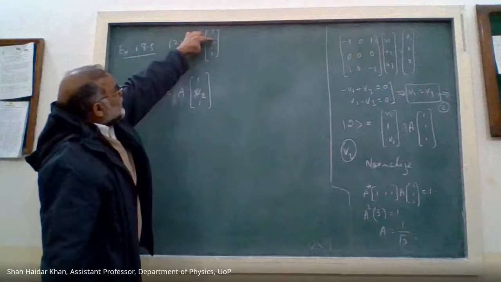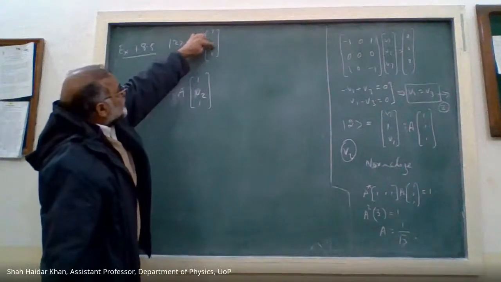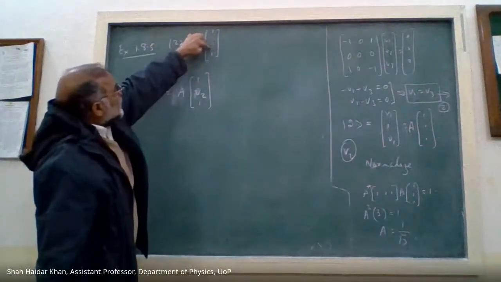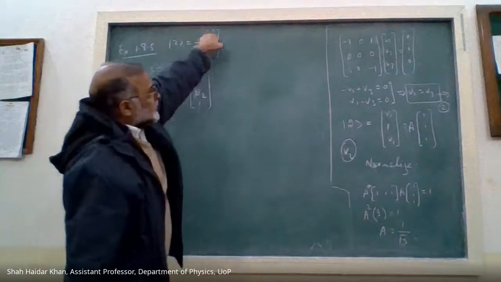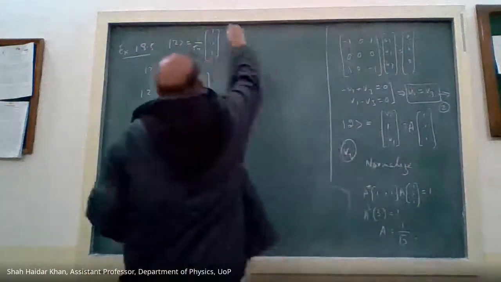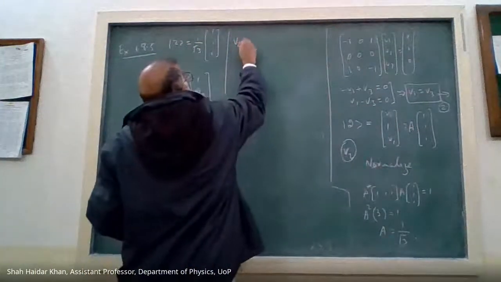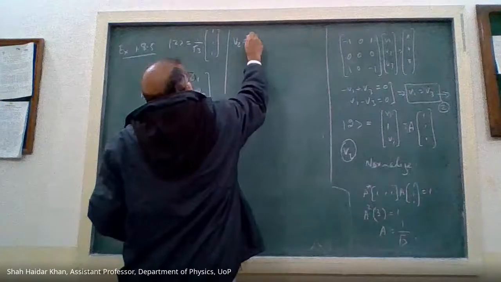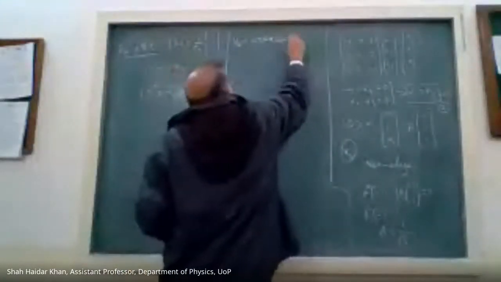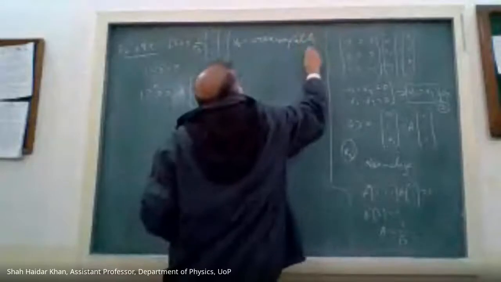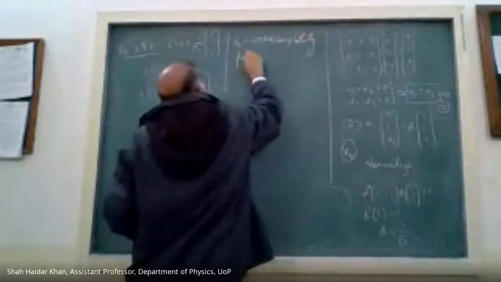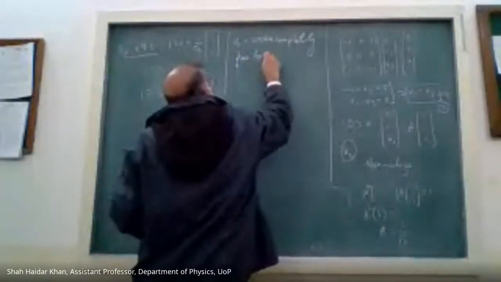We have only the freedom of a completely unknown quantity, the second one, V2, completely free to select.